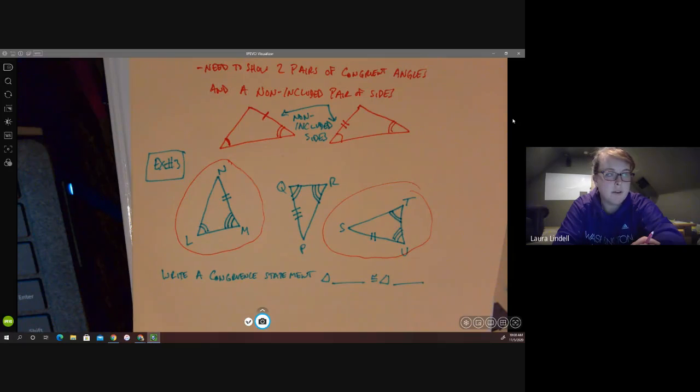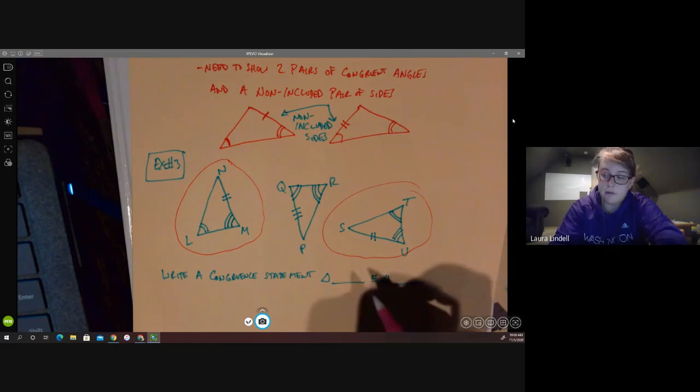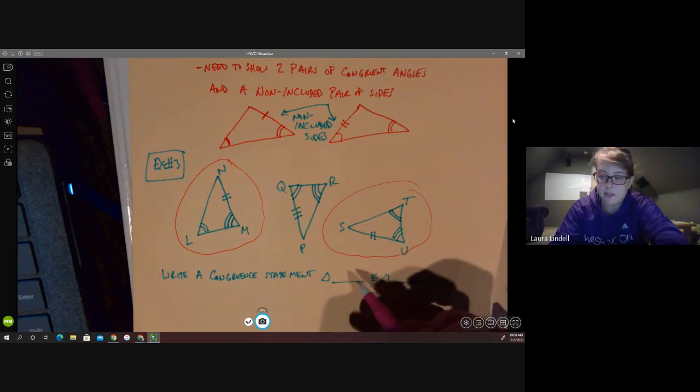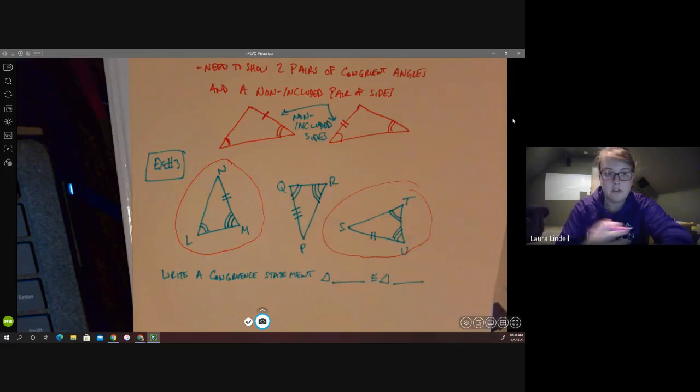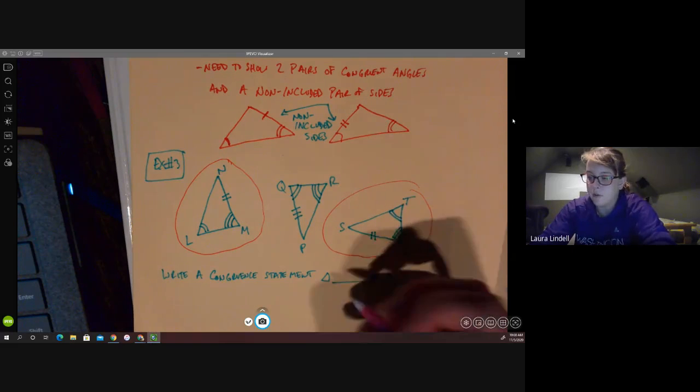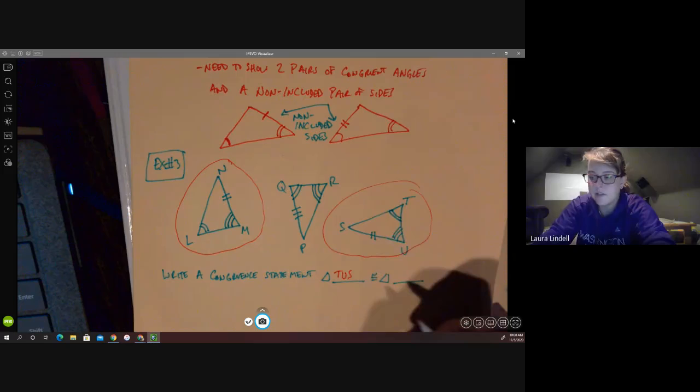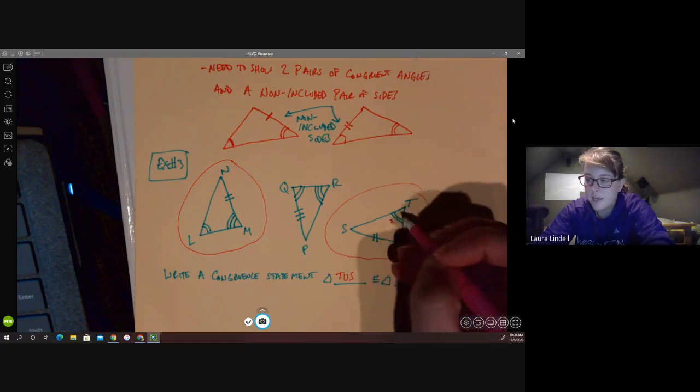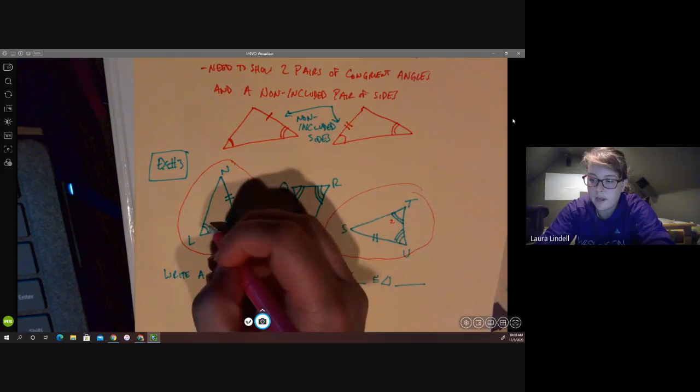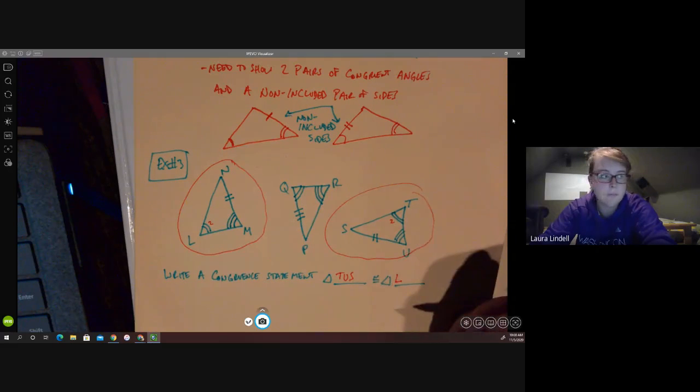And then this becomes very similar to the way that we did the angle side angle problem, because when I go to write down the first part of my congruent statement, I can pick either of these triangles with any letter order I like. I'm going to start with this one. I'll go TUS. All right, and then notice angle T had 2 arcs in the corner, so angle L had 2 arcs in the corner, so L would come first.